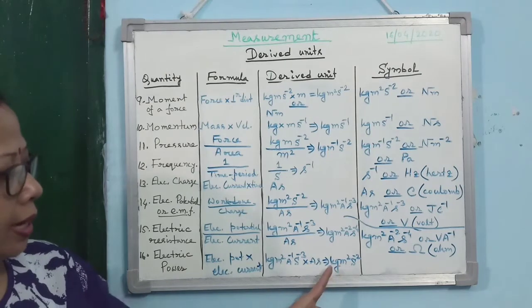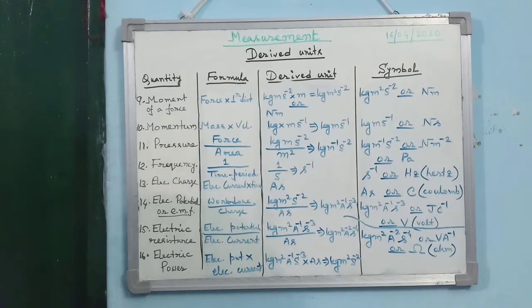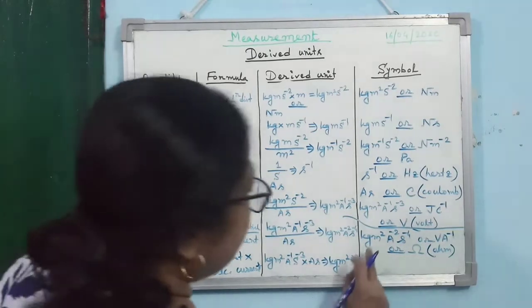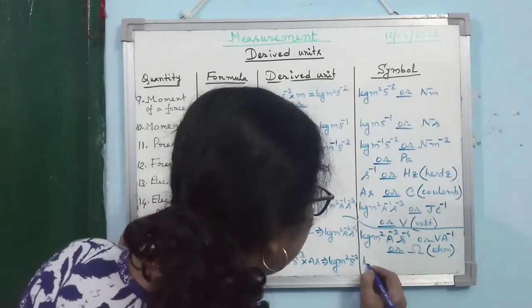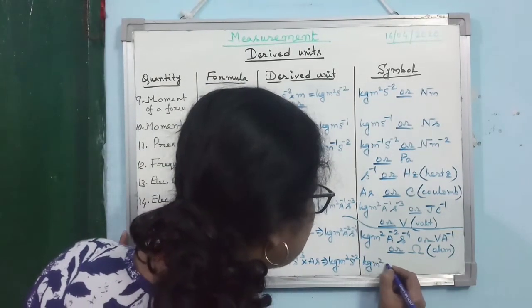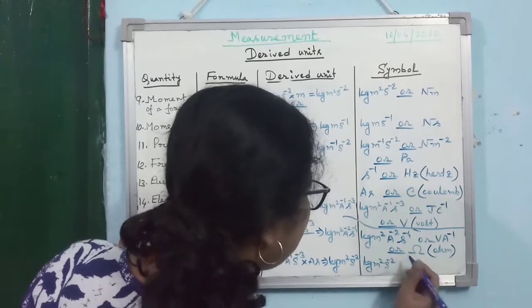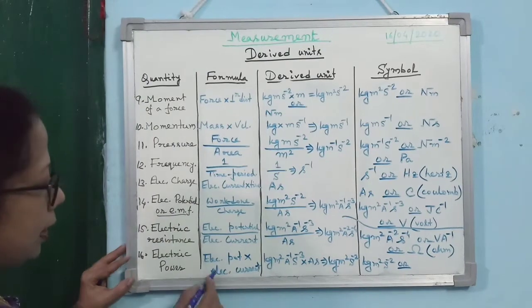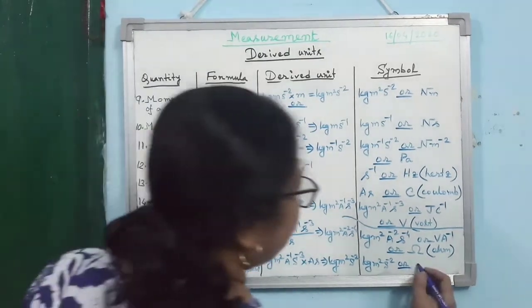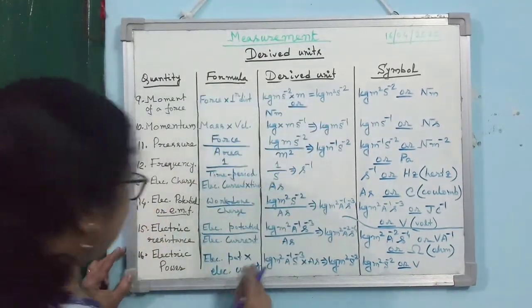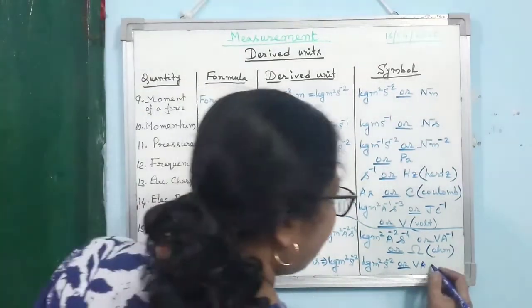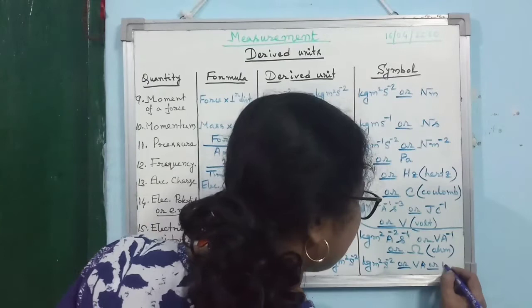Just look at it, kg meter square s to the power minus 2. Or you can write it as, you see here, potential is volt and current is amp. So you can write volt into amp, or you can write it as watt.